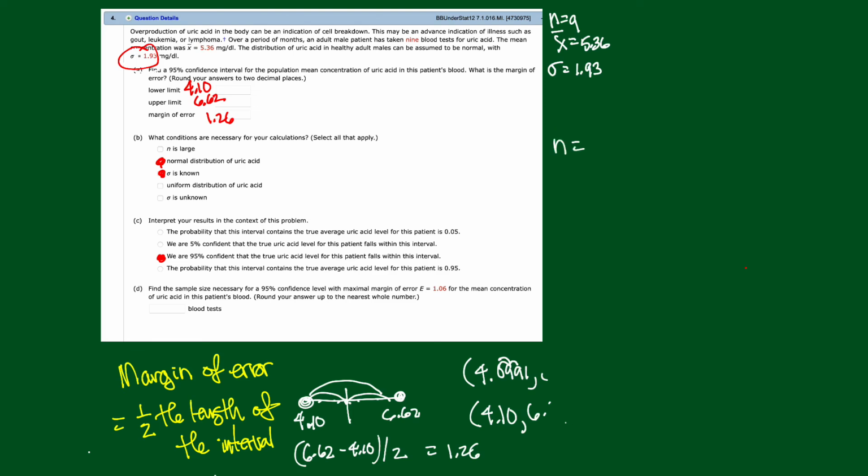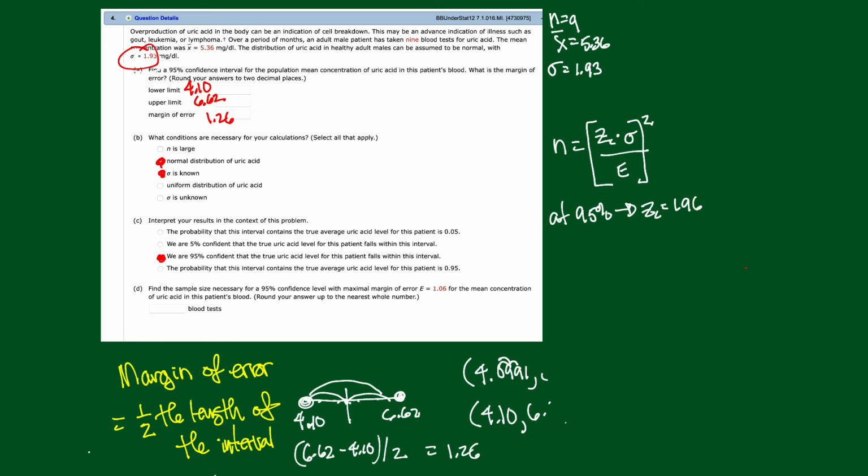N is equal to, in brackets, your critical z-score that comes from your confidence level times sigma divided by the error that you're willing to make, and then you square that whole thing. Now, at 95%, this may be one of those numbers you remember, a critical z-value of 1.96.